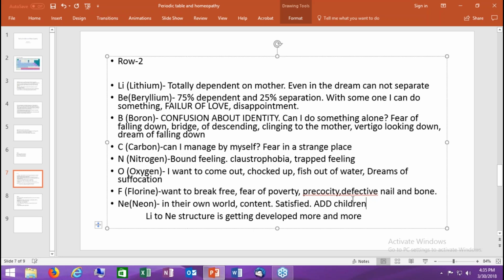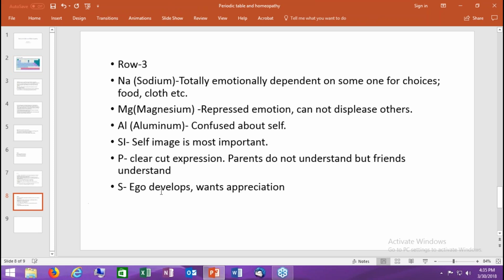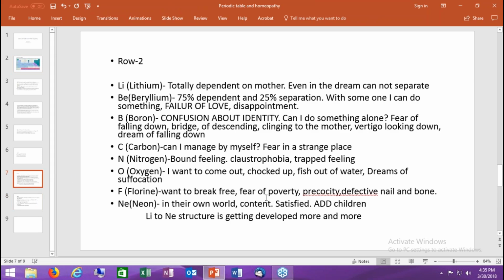Next comes neon. Neon is coming under the free gas column. Neon, what happens? Neon is quite content.